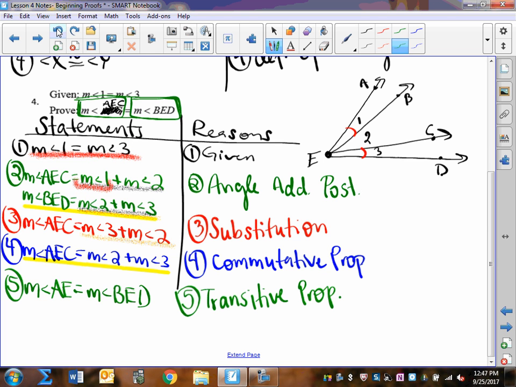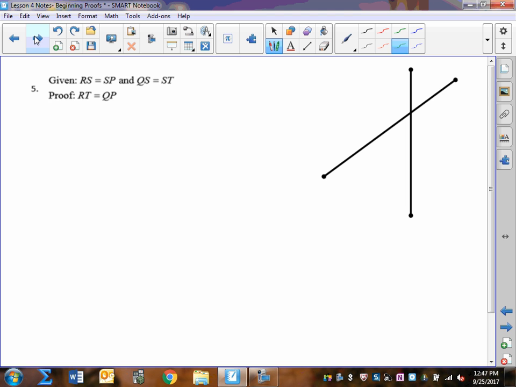Okay. So in our last one, another diagram. Go ahead and draw those two intersecting segments. And we've got S as our intersection. And then we have R on top, segment RT, so T in the bottom. And then P on top, and segment QP.